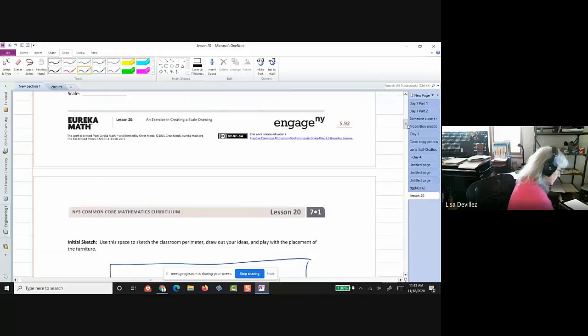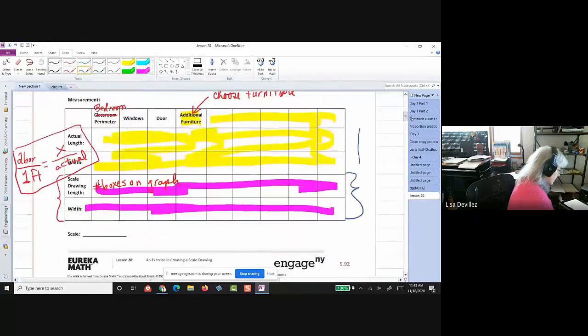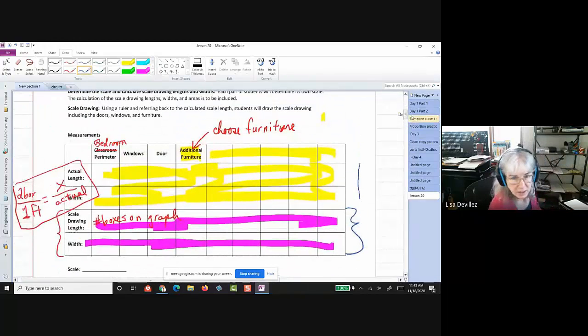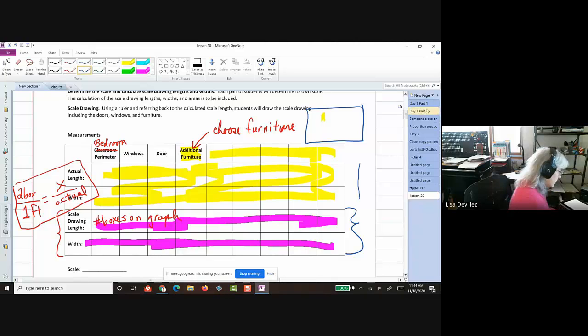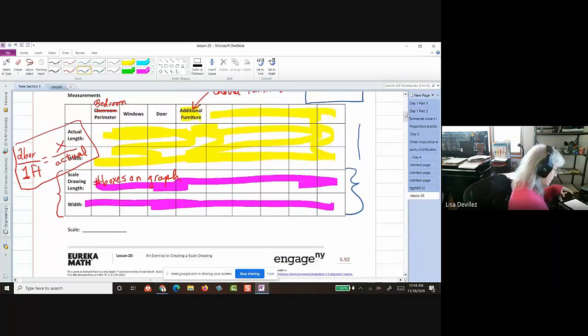So this table, you'll fill in with your measurements up where the yellow is, and in the pink will be where you calculated the scale values. And somewhere outside of this table, put a little note that tells me what scale factor you used.